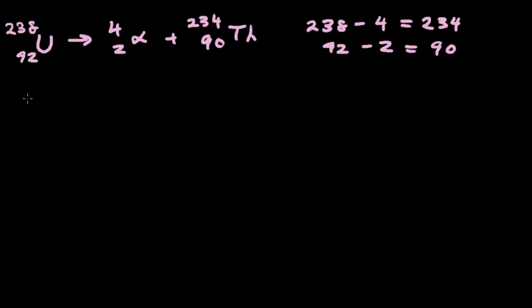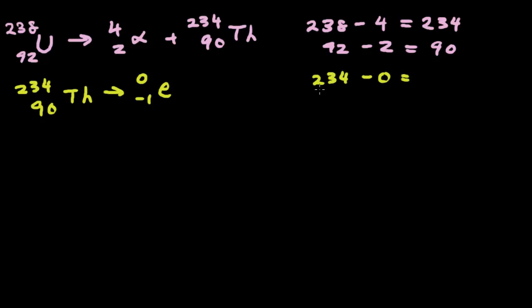Another problem that we can see is, let's say we had our thorium and we underwent another decay, but this time we are doing beta decay. So first step, we write our emission particle first, and then the second step is we have to subtract to balance. So we have 234 minus 0 is 234, 90, and this is where students mess up a lot.